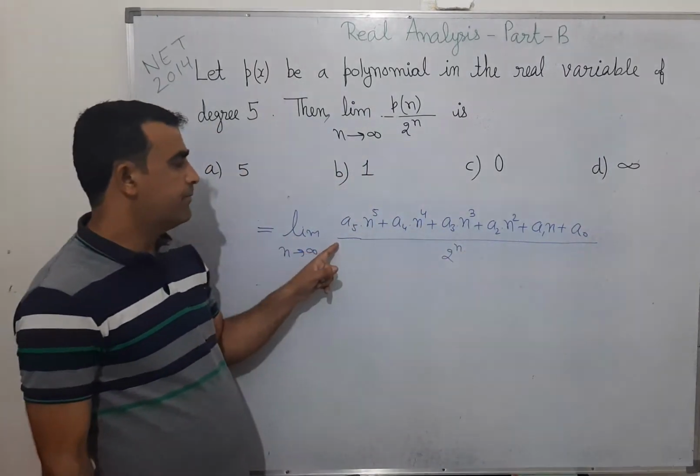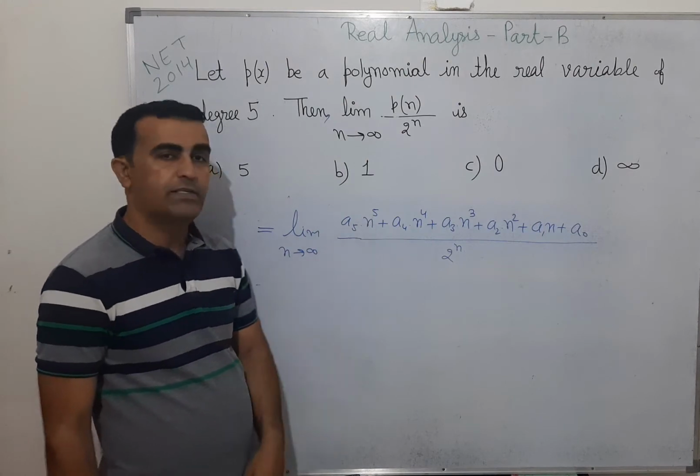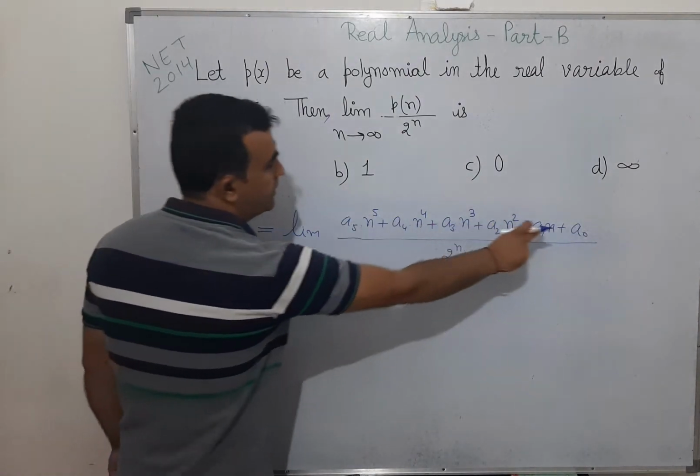In the next step we take common n raised to power 5 from this expression.